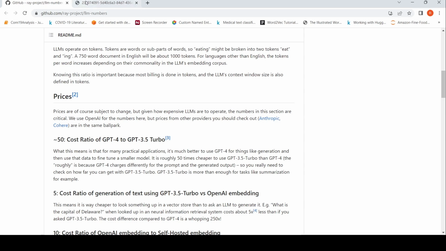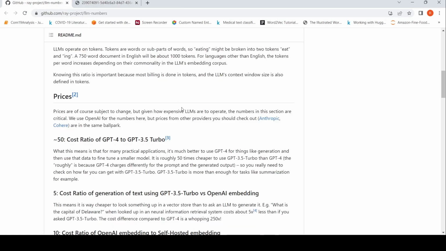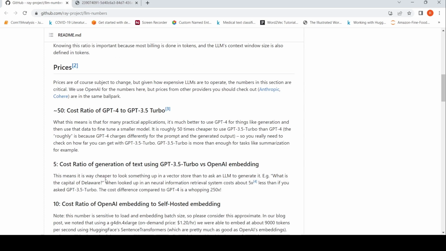The next cost ratio is 5. This is the cost ratio of generating text using GPT 3.5 turbo versus OpenAI embedding. This means it is way cheaper to look something up in a vector store than ask an LLM to generate it.